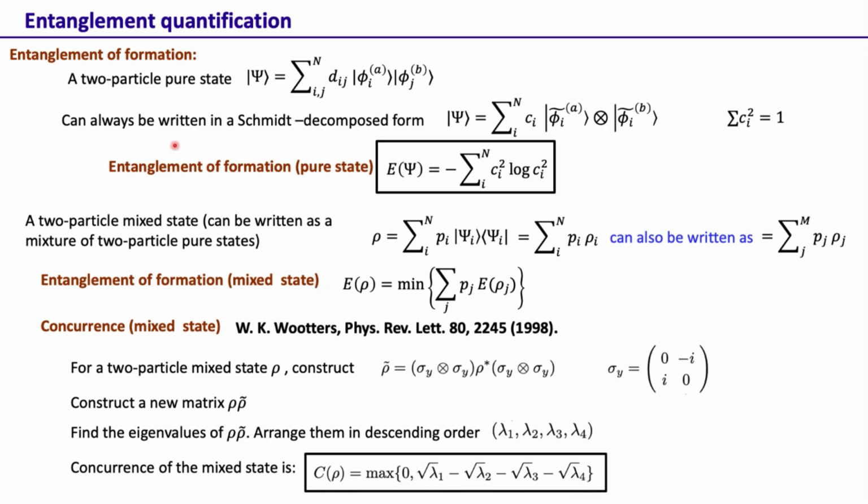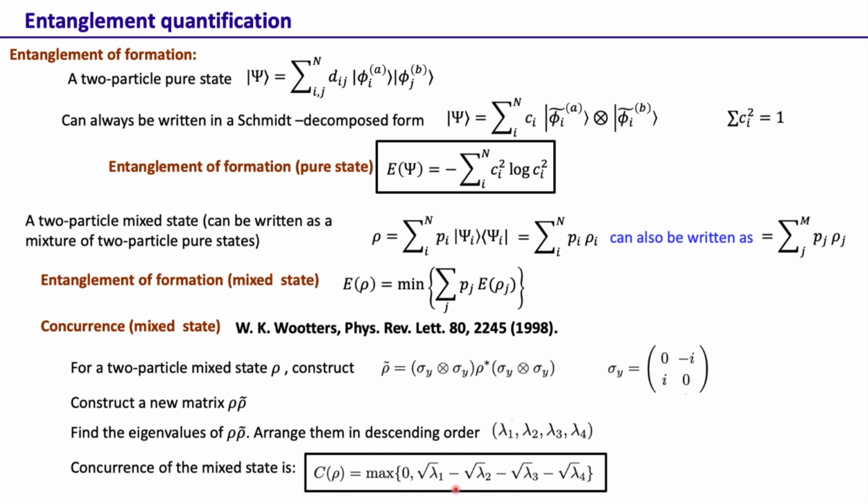So we have the entanglement quantification for a general two particle n dimensional pure state, in terms of entanglement of formation. But for a two particle mixed state of more than two dimensions, we don't know how to do this minimization problem. This has been done for the two qubit state, and for that the concurrence can just be found using this formula.